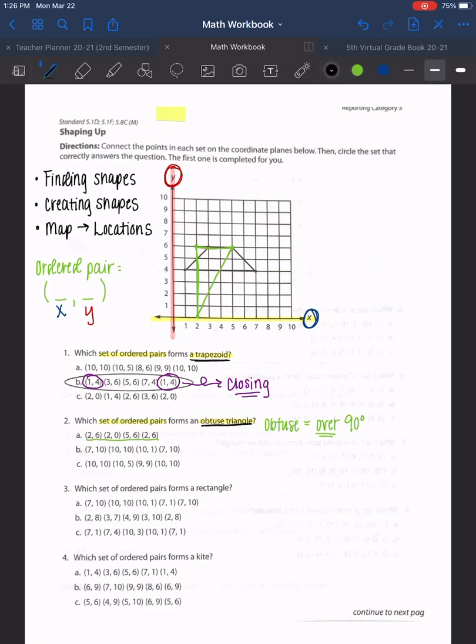However, there's something very important that I want you guys to remember. There is not only an obtuse triangle, but also a right triangle and an acute triangle. A right triangle has an angle that is exactly 90 degrees.